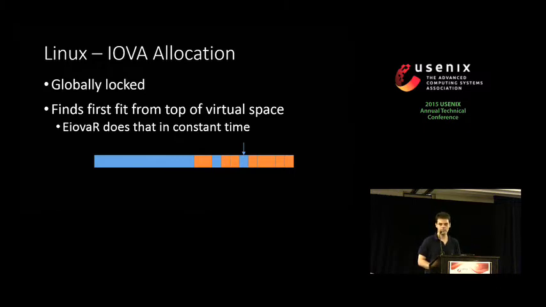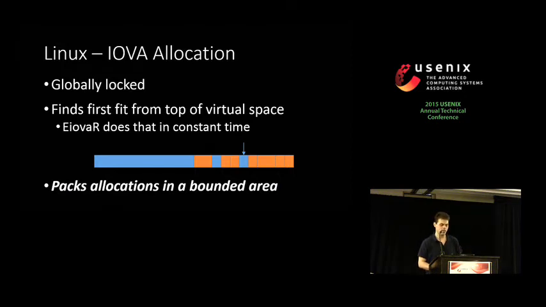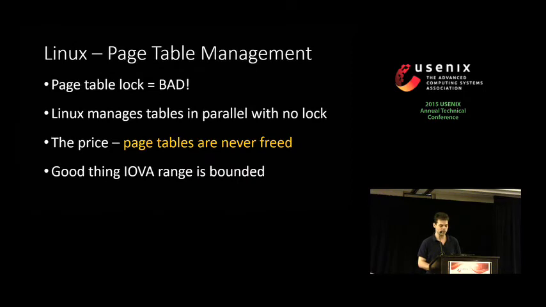And the nice property of this kind of allocator is that it bounds our allocations in a relatively narrow area and reuses virtual pages over and over again. And the reason that this is a good property for us to have is the way Linux manages its page tables. Basically, you don't want to have a lock on your page tables. It's an architected data structure. You only have one per device. And Linux is actually able to manage its page tables without taking any locks.